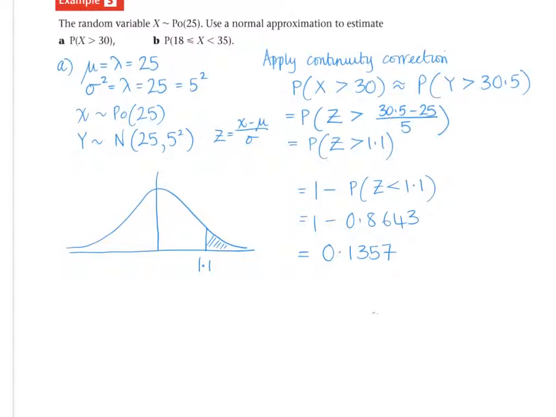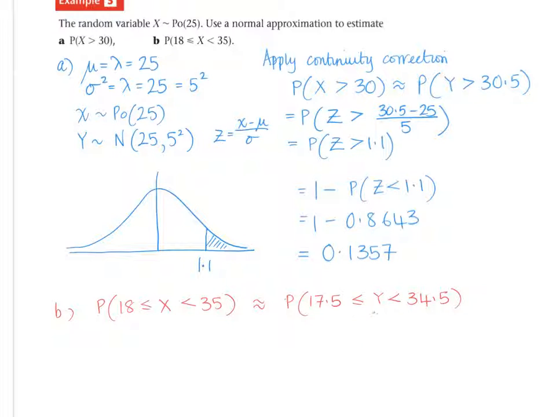And we've got it in between two values. So for part B, we've got the probability of x in between 18 and 35, and if we apply the continuity correction to that, then that's going to go to 17.5 and 34.5. If you've forgotten about the continuity correction, go back to your notes earlier in the booklet and you'll see what we need to do for inequality signs.